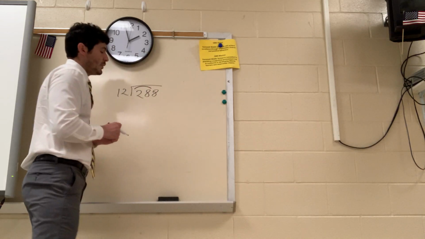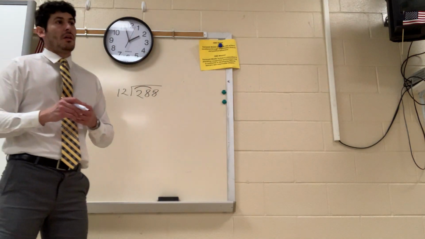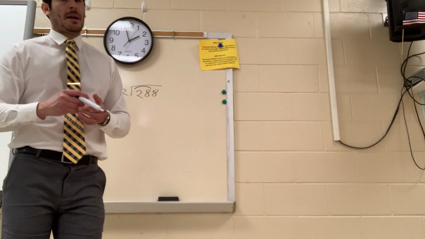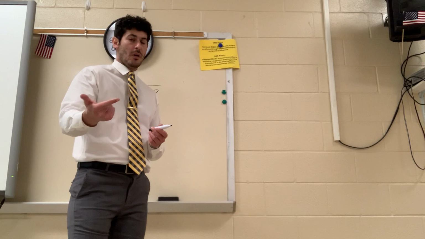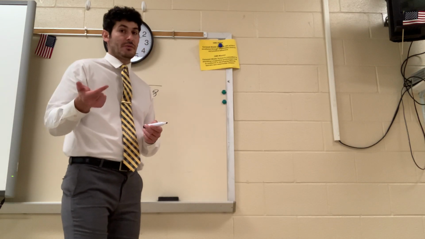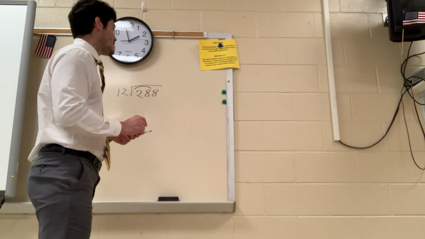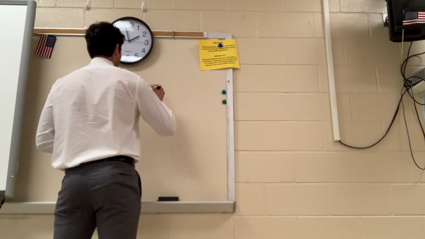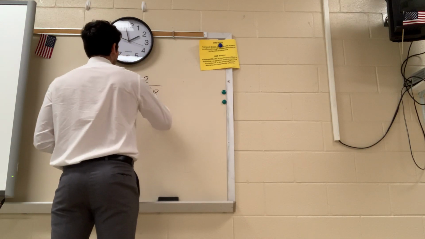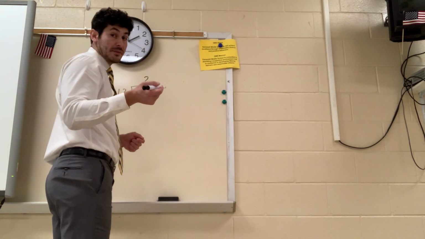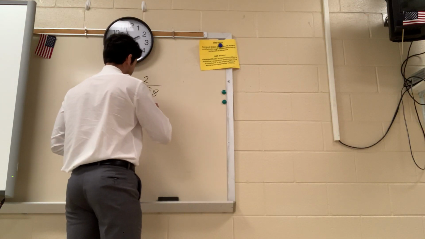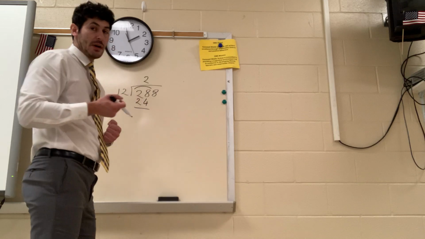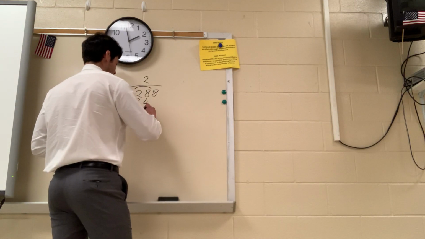All right, so 12 goes into 28 how many times? 1 is 12, 2 is 24. If you go up to 3, you get 36, which is too much. So you have to stop at 2. So 2 times 12, we said it's 24. All right, 28, take away 24, it's 4.